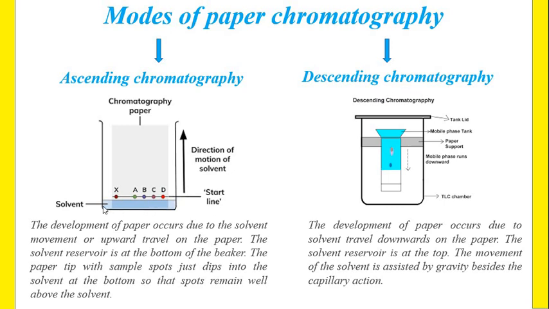In ascending chromatography, the development of the filter paper occurs as the solvent moves in the upward direction under the effect of capillary action. In this case of chromatography, we place the filter paper in a beaker or in a closed container in such a way that the line on which the sample to be separated is applied is dipped in the solvent which is located at the bottom of the container.